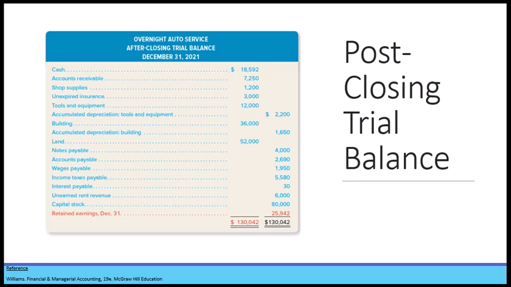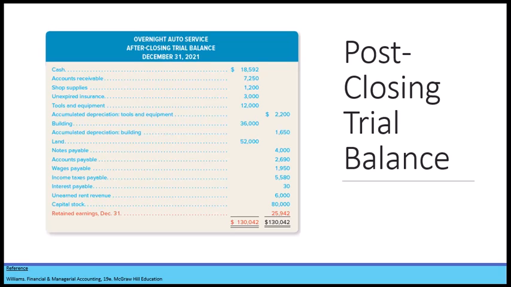And what you'll notice is a post-closing trial balance should effectively look like a balance sheet. Okay? A post-closing trial balance is not going to have any temporary accounts. It's not going to have revenue, it's not going to have expenses, and it's not going to have dividends. It is essentially only going to have assets, liabilities, and equity.